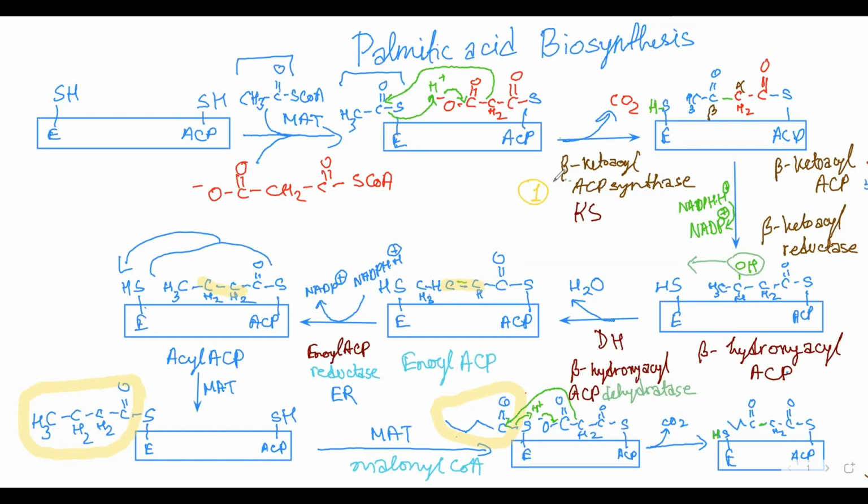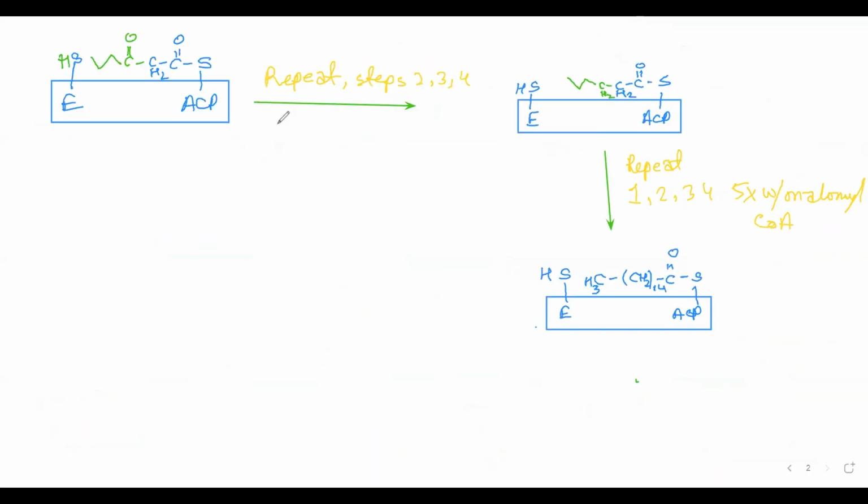So we'll repeat the steps 1, 2, 3 and 4, 5 times with Malonyl-CoA. Here are the steps 1, 2, 3 and 4. After step 4, we have 4 carbon atoms in the carbon chain, and doing the reaction twice gives us 6 carbon atoms in the carbon chain.